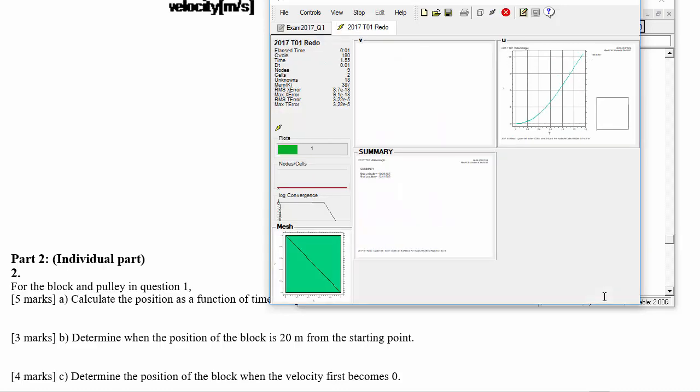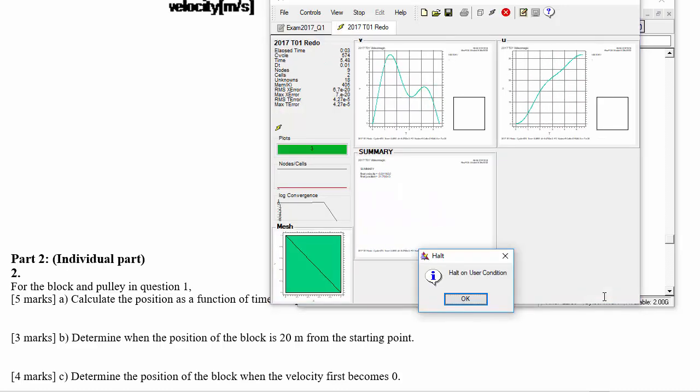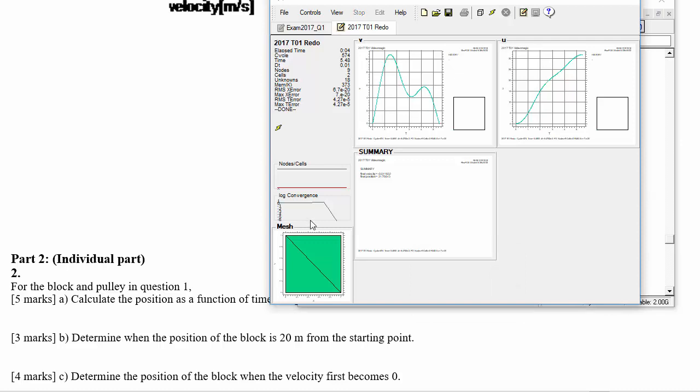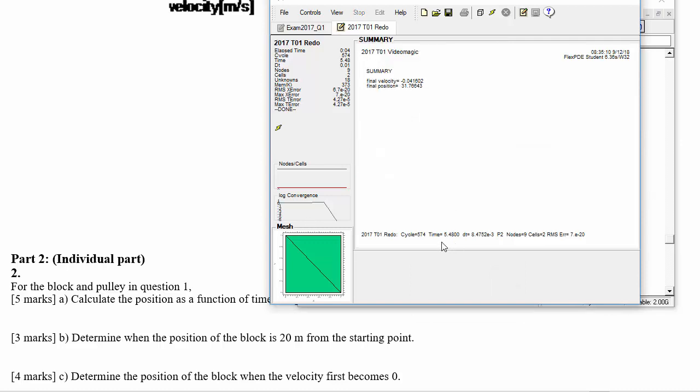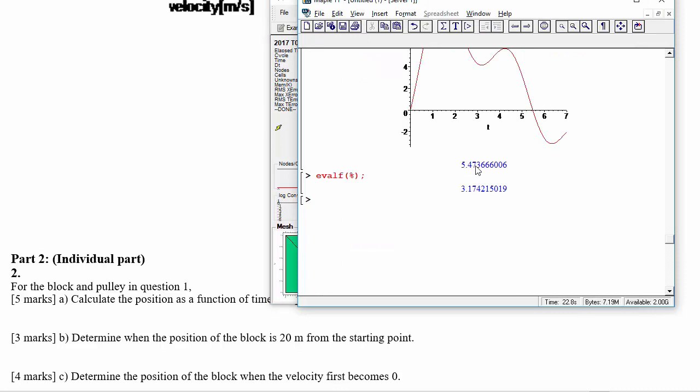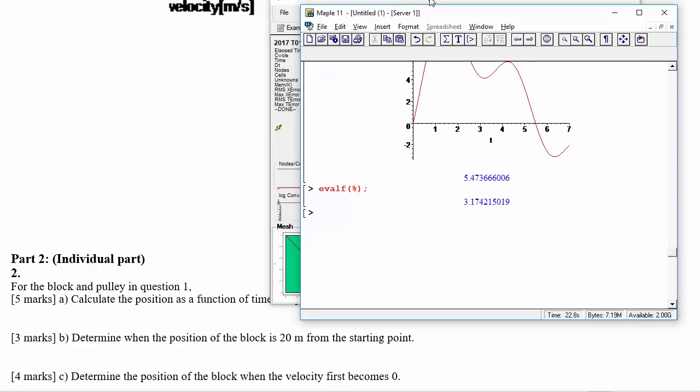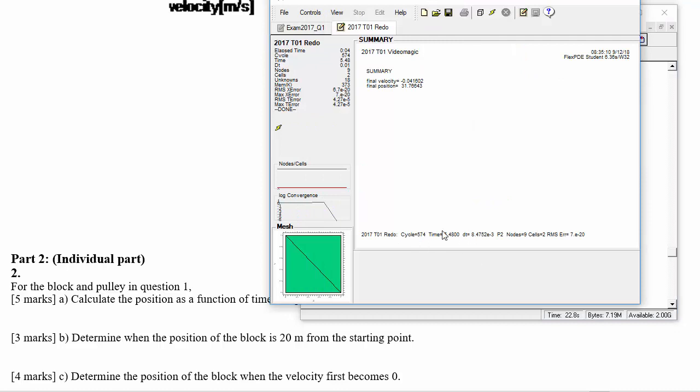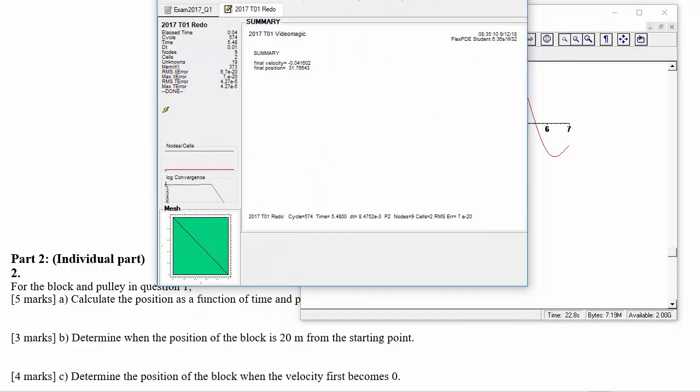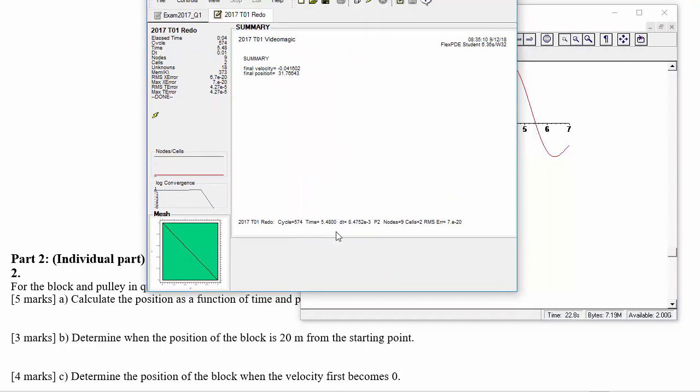So let's say 6. And there we go. We've zoomed in on when it is that it stops. We found 5.48 in Flex compared to the 5.473 in Maple. We could make Flex more precise by narrowing down the time, although that's going to increase the amount of time it takes to run this simulation.